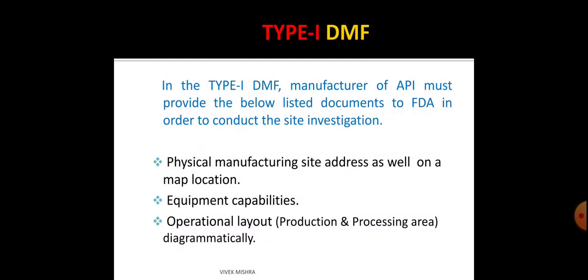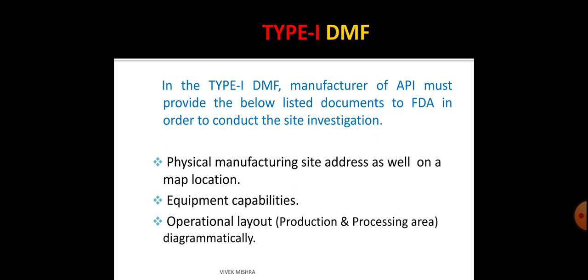So let's start with type 1. In type 1 DMF, the company which manufactures the API provides the below listed documents to the FDA in order to conduct the site investigation. In short, in type 1 we send the information of the plant to the FDA to conduct the audit at the manufacturing site.